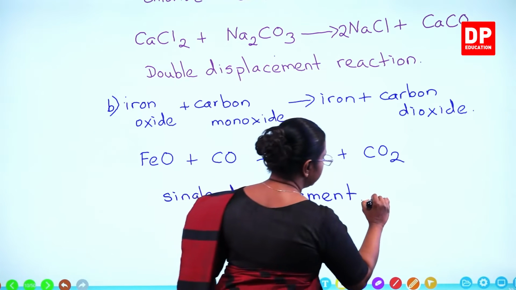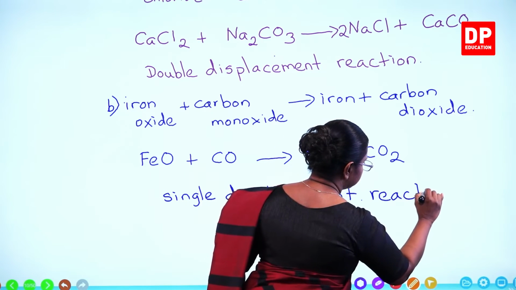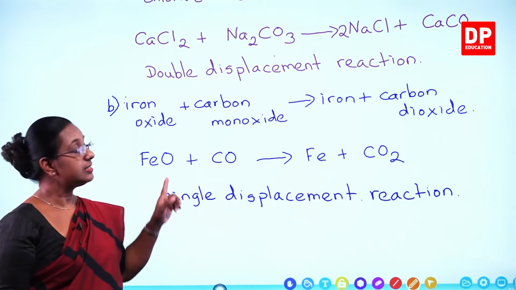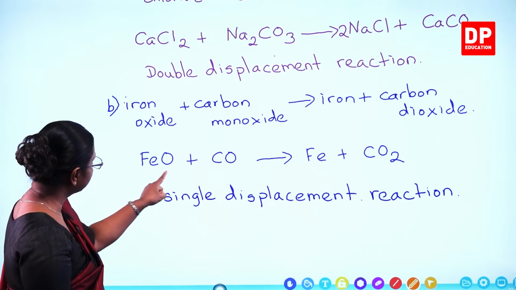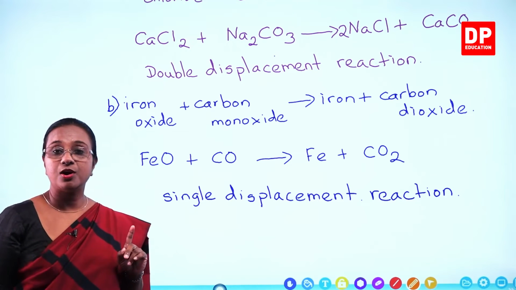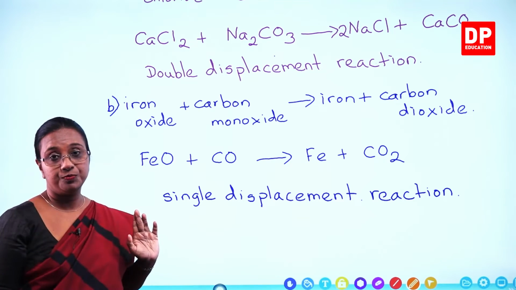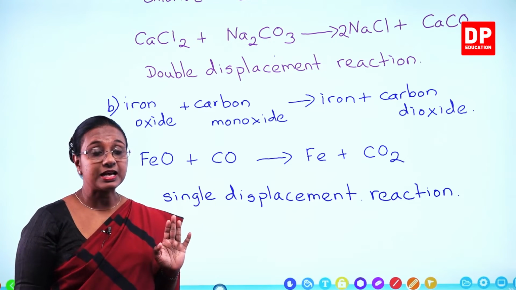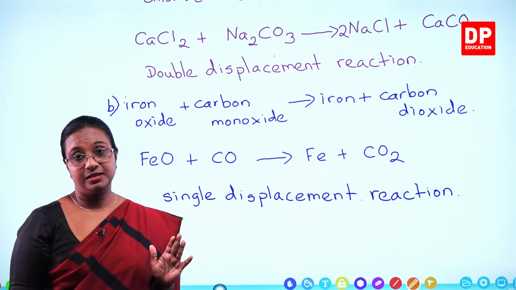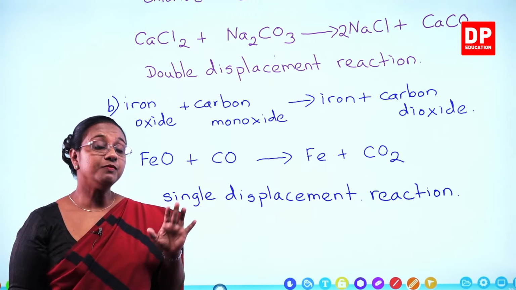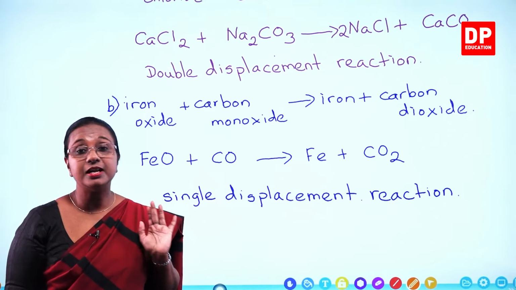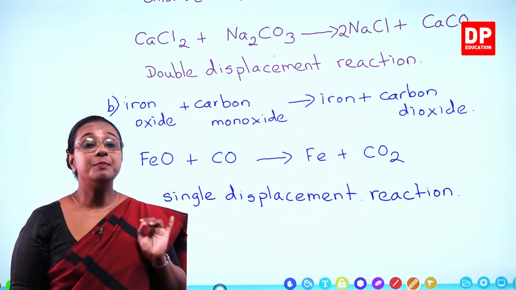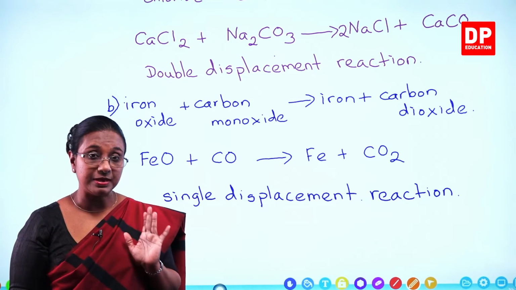Single displacement reaction. So here students, iron oxide, we have considered the simple form of iron oxide, FeO. But remember, in the same lesson itself, we will be discussing extraction of iron. Then there we will be looking at different iron oxide, that is hematite. It is the mineral containing iron, hematite.